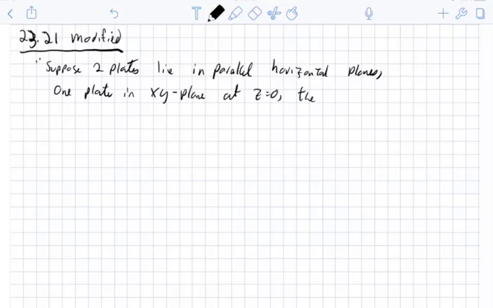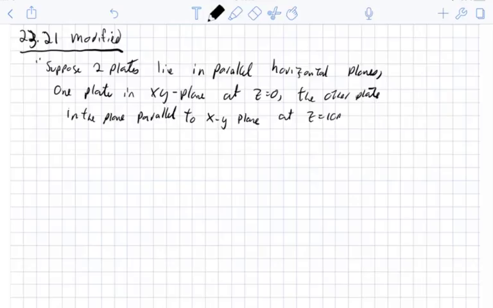The other plate in the plane parallel to the xy plane at z is equal to 10 millimeters. Between them is a constant electric field directed upwards.